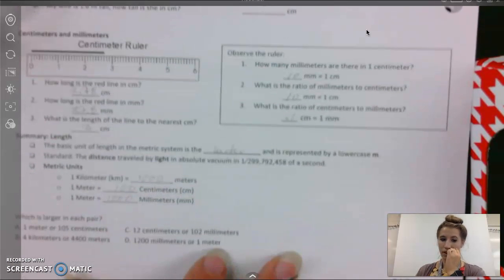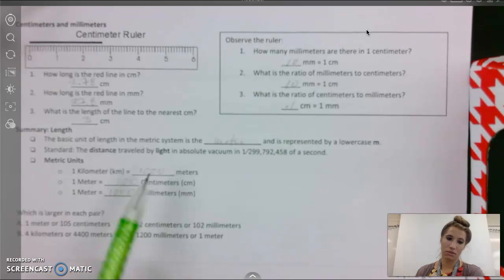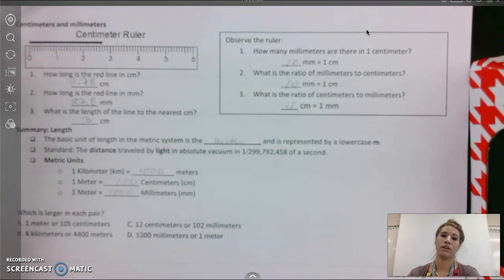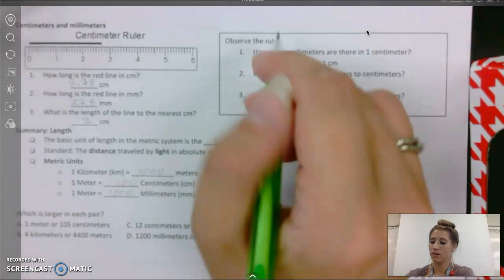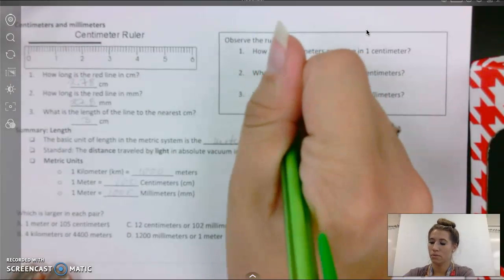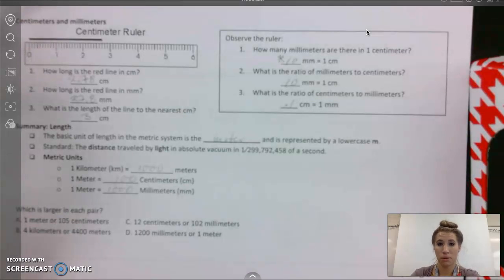Again, this is what needs to be memorized. You will have to know these conversion factors for the exam. Here's another important one: 10 millimeters is equivalent to 1 centimeter.